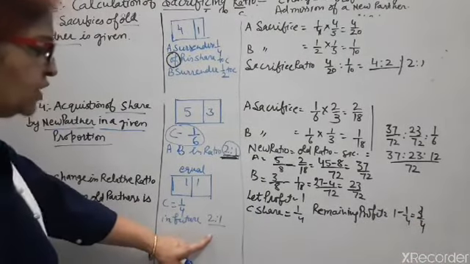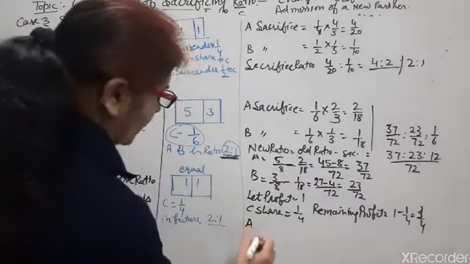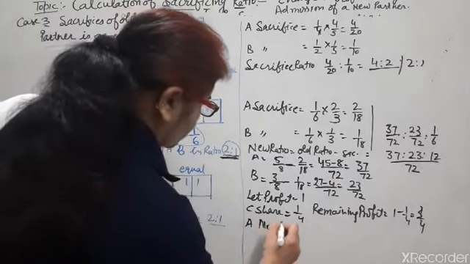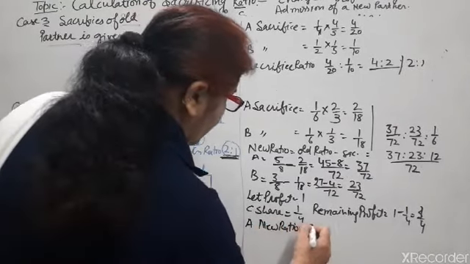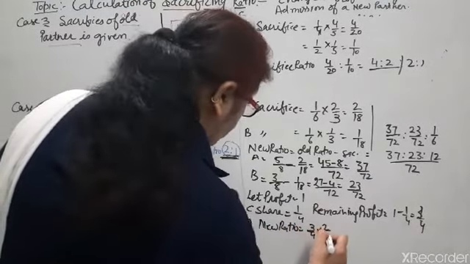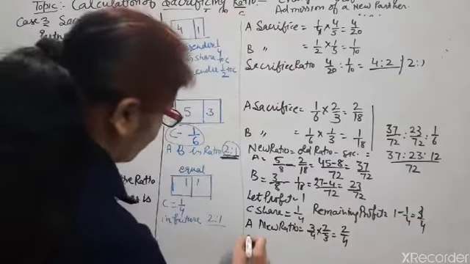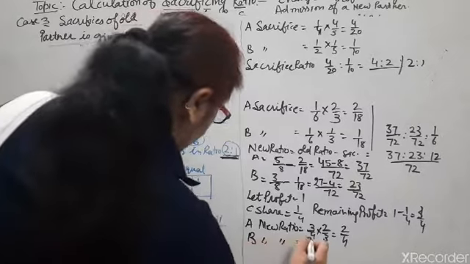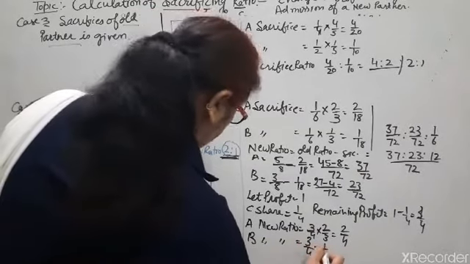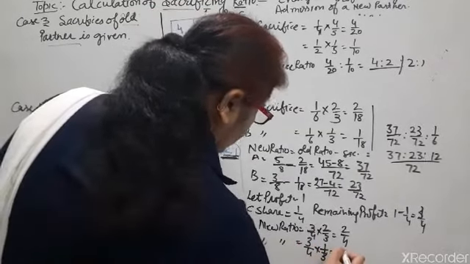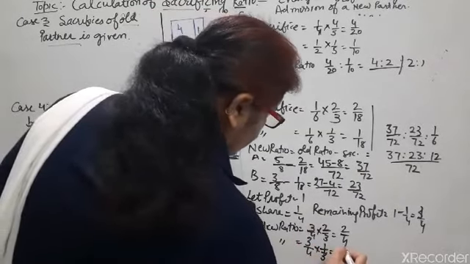Now this 3 by 4 share is divided between A and B in 2:1. A's new ratio is 3 by 4 multiplied by 2 by 3, which is equal to 2 by 4, and B's new ratio is 3 by 4 multiplied by 1 by 3, that means 1 by 4.